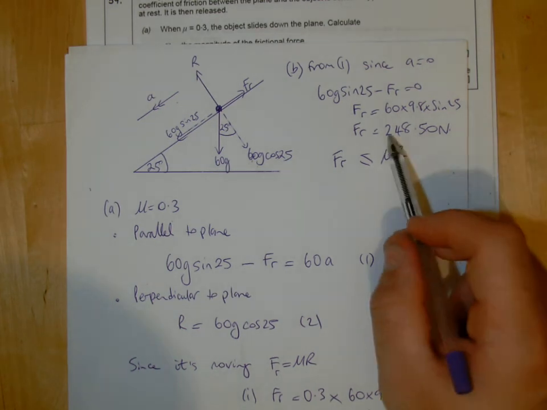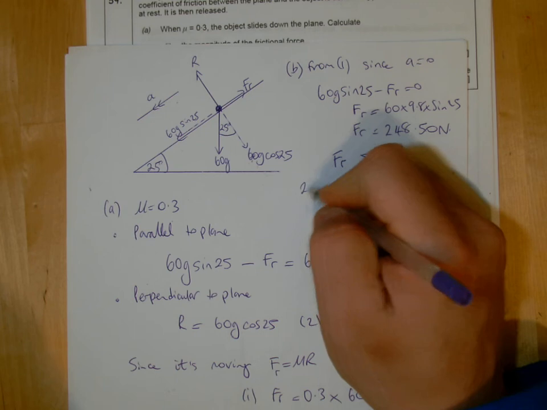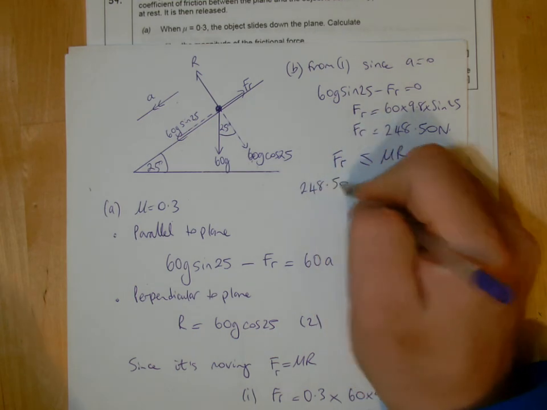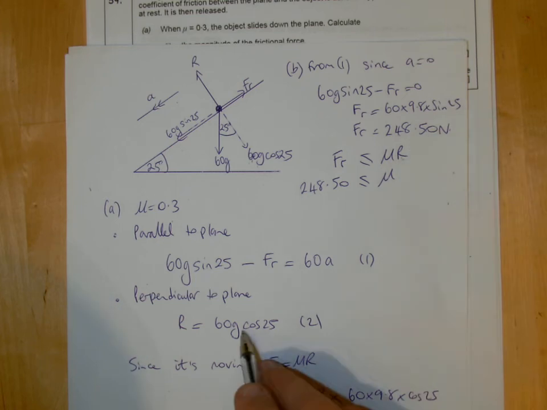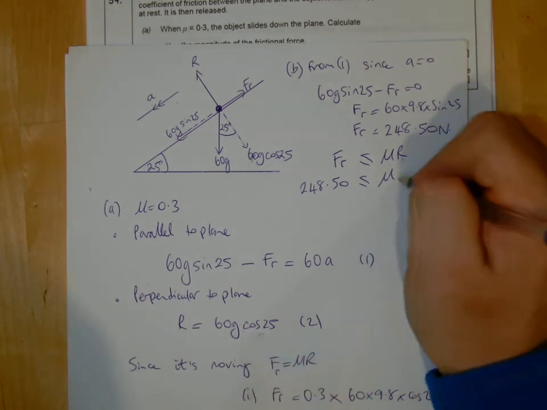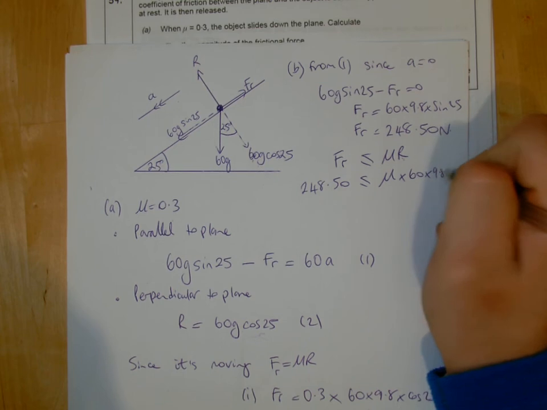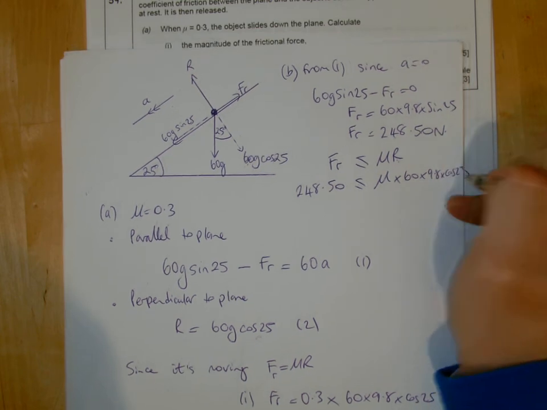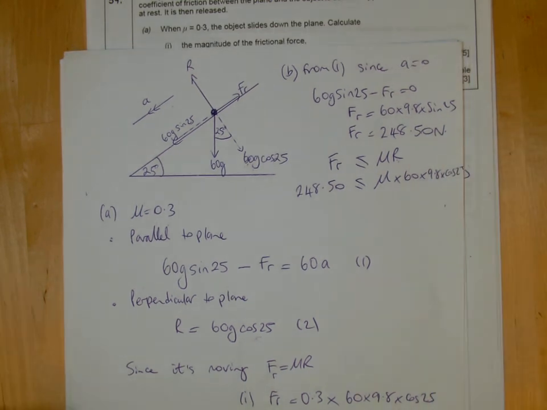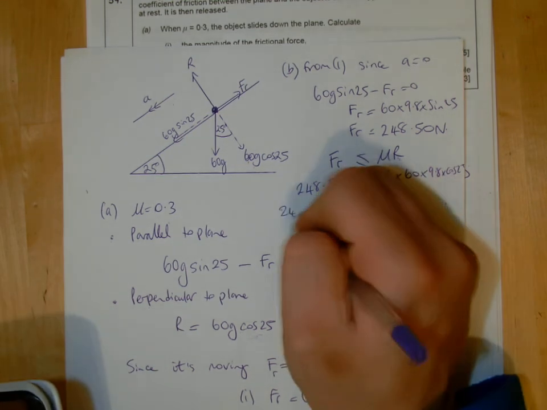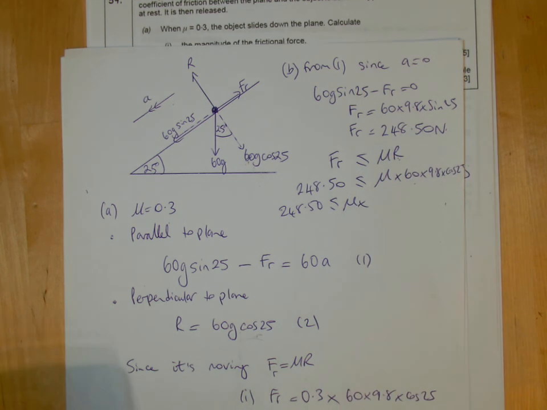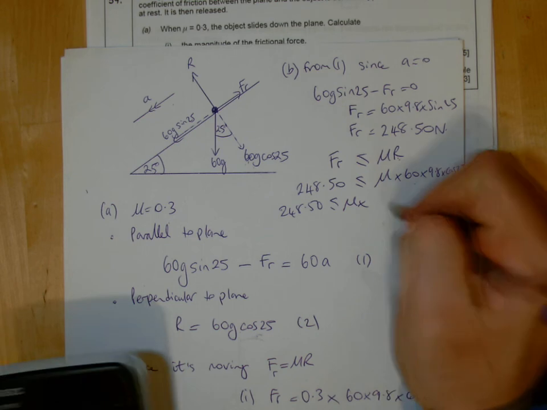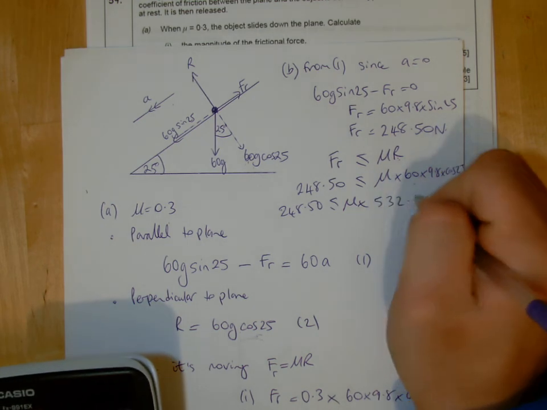If we put that in here, the reaction is the same as what we had here. So we've got 248.50 less than or equal to mu times the reaction, which comes out to be 532.91.